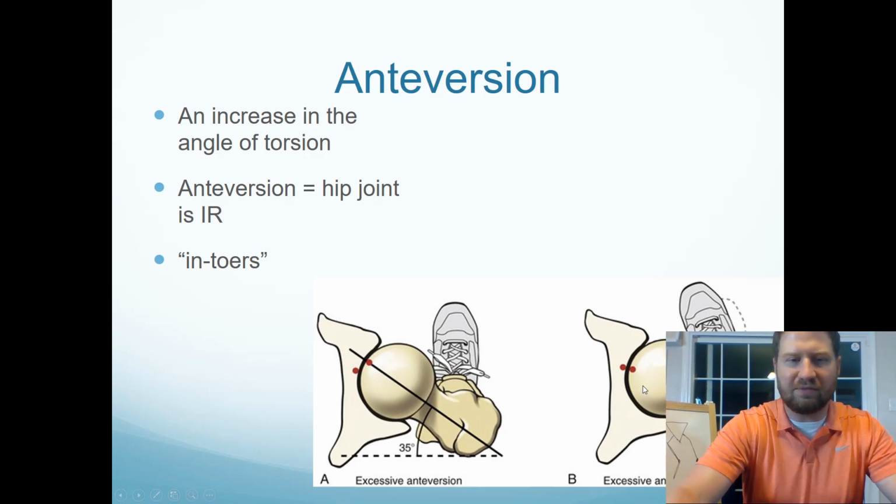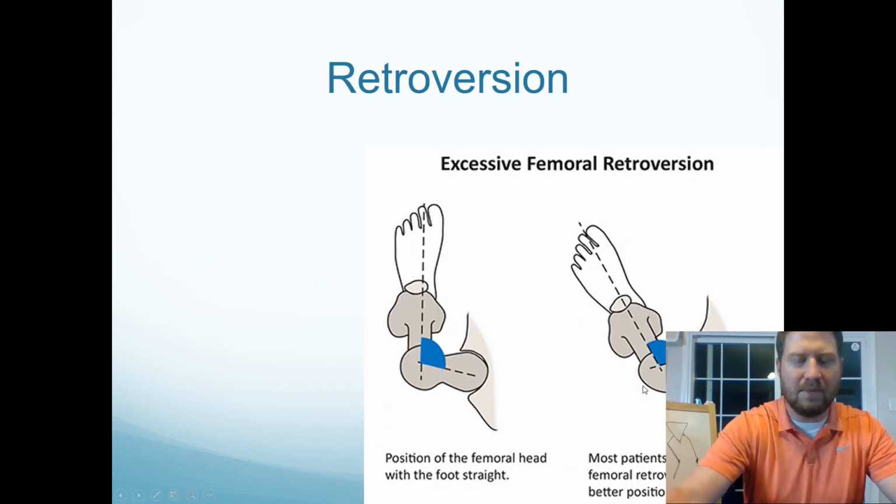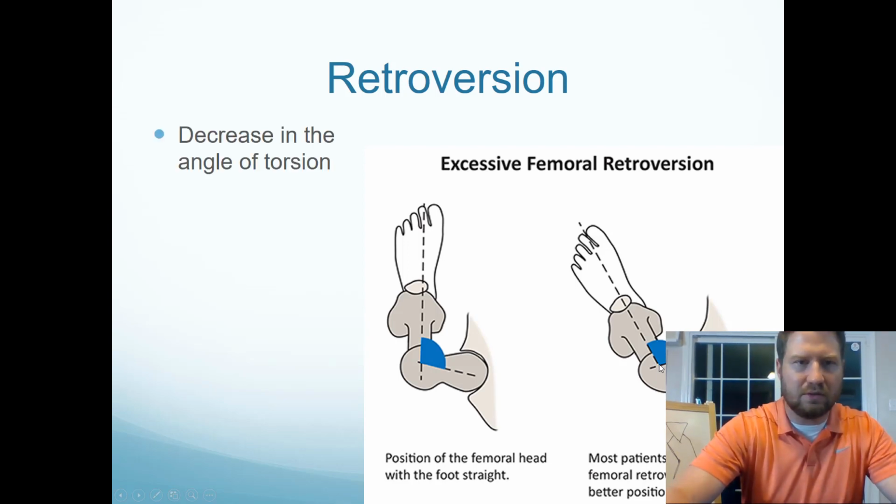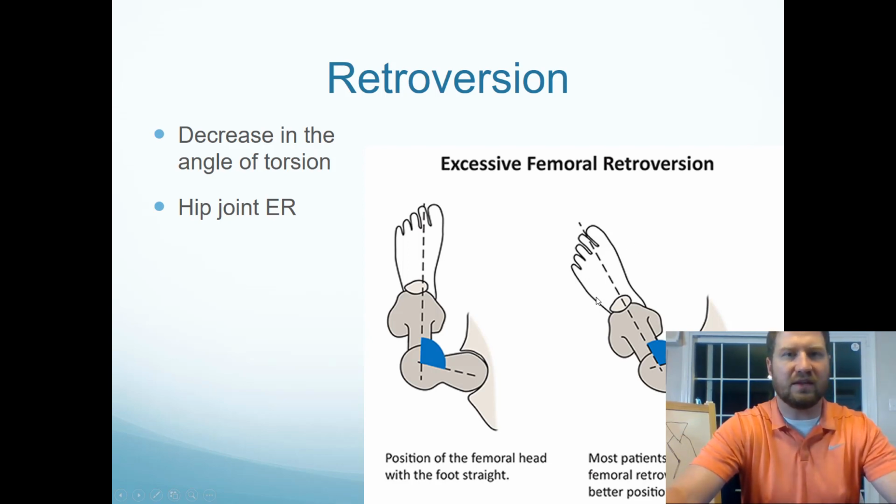It's mostly going to come from the hip. Okay? The exact opposite of that is retroversion, where that femoral neck inserts posteriorly on the femoral shaft. We have a decrease in that angle of torsion. Okay? Where we have a relative hip external rotation, or a pseudo hip external rotation moment with this.